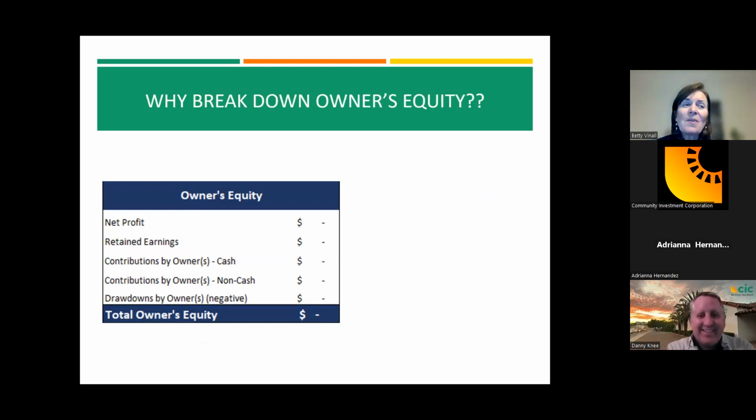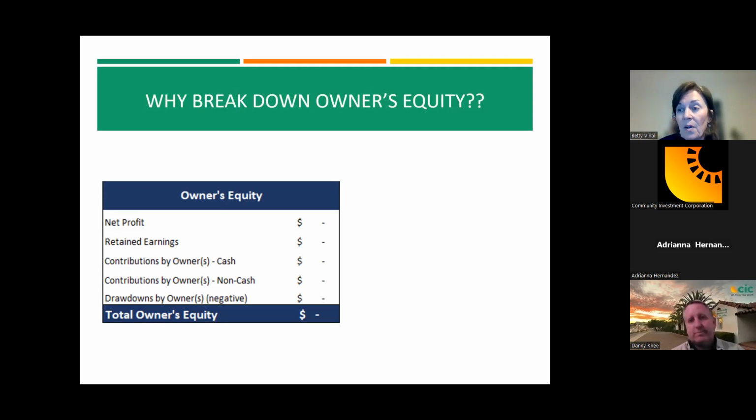So generally, we break down the owner's equity because it gives you a better idea how the business has gotten to where it is today. For example, if we only knew about the assets and liabilities, that's just a small part. But if we were looking to buy the business, we might want to really see how much the business has made in net profit.